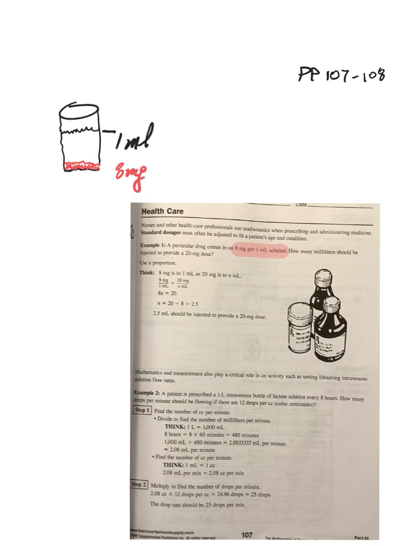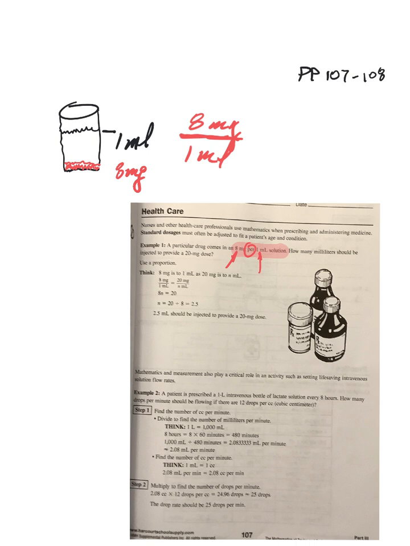The word per always means line. That means we're going to put a line here, and we're going to put the number in front of the per on top, and the number after the per on bottom. Always. Makes it real easy to do. 8 per 1. Okay? So that's the ratio.